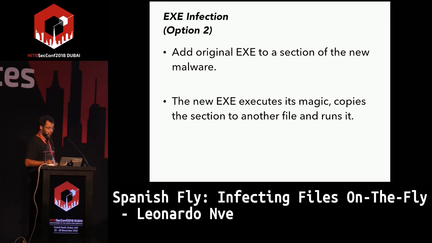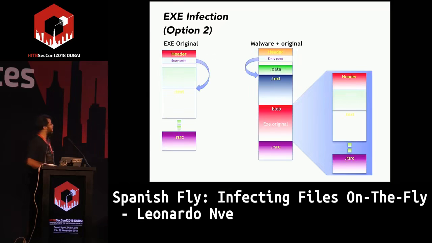There is another method, which is to add the original file to a malware, not the malware to the original file. I mean, the original file inside the malware in a section, then the malware executes its magic, and then copies that section to an external file and then executes it.